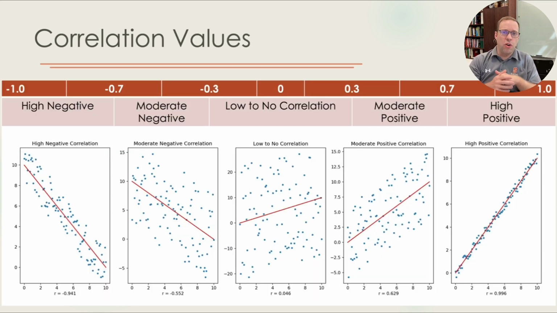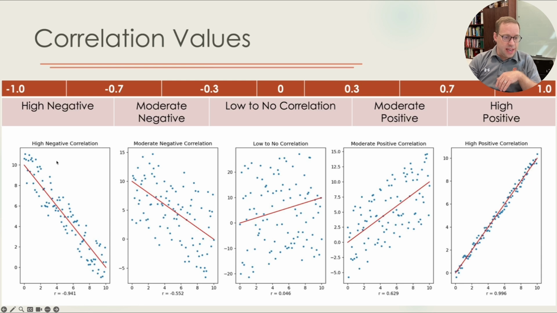All right, let me show you more of what this might look like. Here I've got a number line going from -1 to +1, showing different correlation values. A correlation value of -1 means that the data is highly correlated in the negative direction.